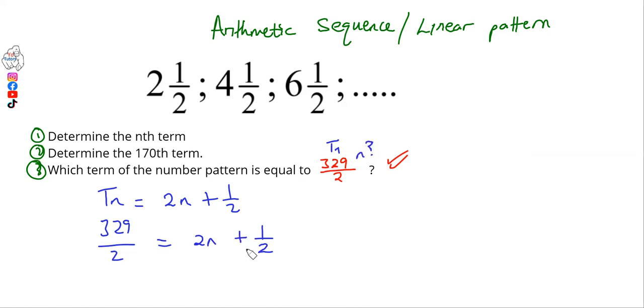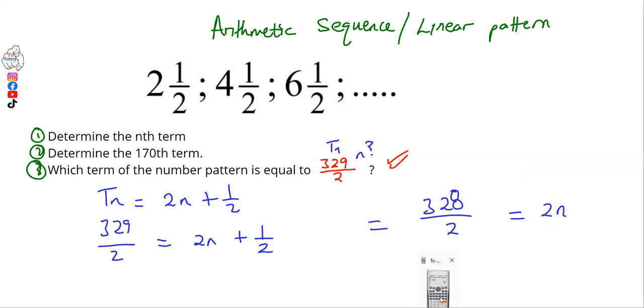In this case, we're going to take 1 over 2 to that side. So we subtract. This is going to give us, no, not 320 over 2, 328, because 329 minus 1 is going to give us 328 over 2, which is equal to 2n. Now, to find our n here, we're going to divide by 2.